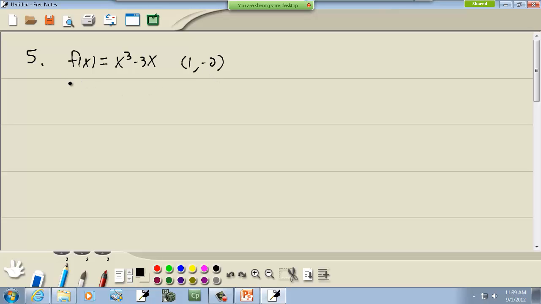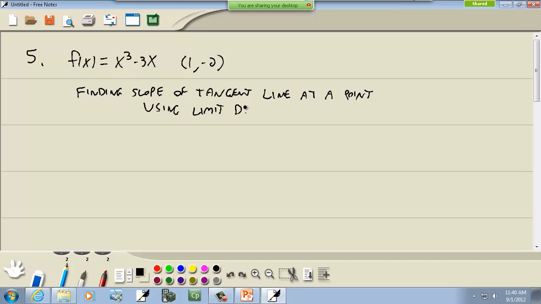Actually, let me write the limit down to begin with. So finding the slope of the tangent line at a point using the limit definition.